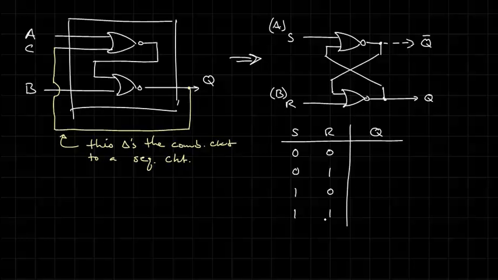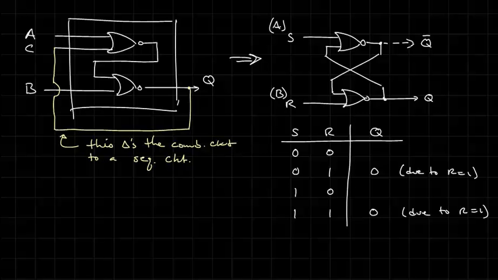So that means that if R is true, then Q is false. This is due to R being equal to 1. We can say the same thing here when both S and R are equal to 1, again due to R being equal to 1.